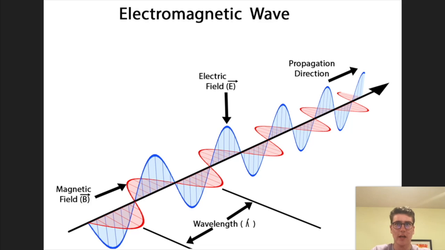And this constant change creates a change in the opposite force. So if the electric force, the electric field, starts to oscillate from negative to positive continuously, then the magnetic field will also start to oscillate from negative to positive, as you can see in this image.